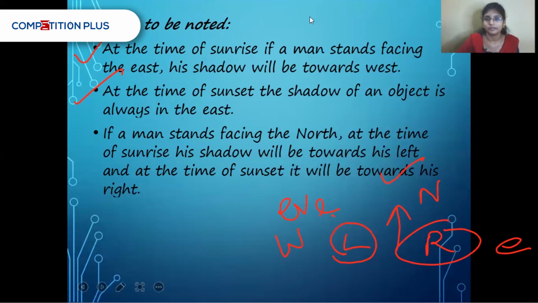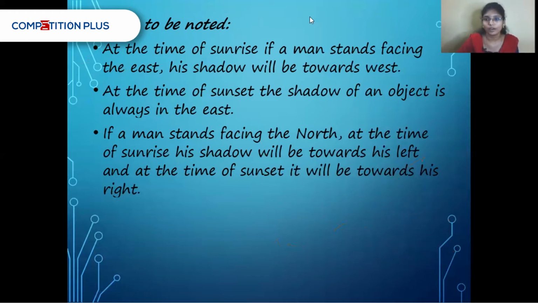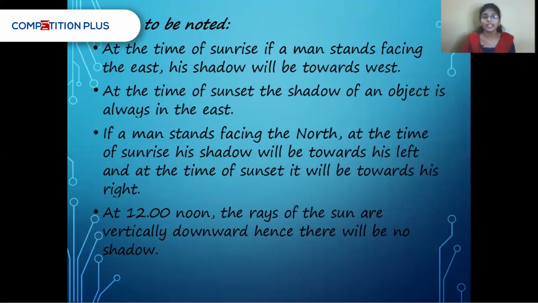Let's move to the next point. At 12 noon, the rays of the sun are vertically downward and hence there will be no shadow. This is the basic science concept which you would have learnt in your lower grades itself: at exactly 12 noon, in the middle of the afternoon, between 12 and 2 p.m., the sun is straight above your head and there will be no shadow cast during that time interval.